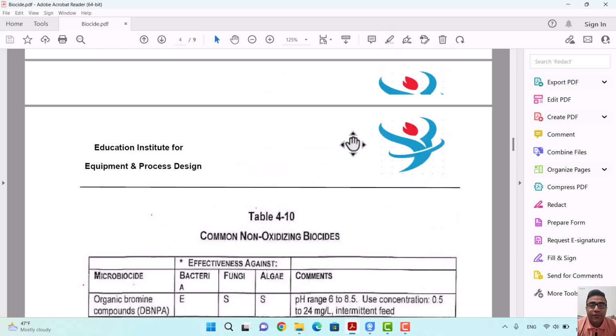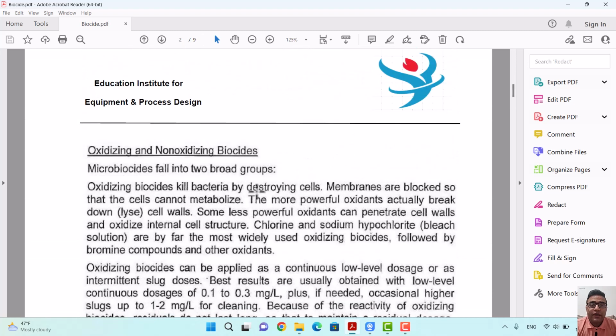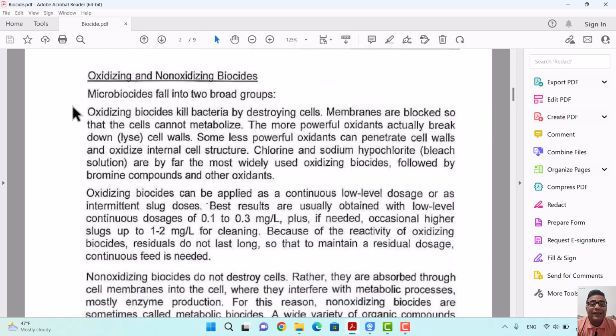So far, we have talked about what oxidizing biocides are and what non-oxidizing biocides are. We have talked about the mechanism of killing bacteria for oxidizing and non-oxidizing biocides.